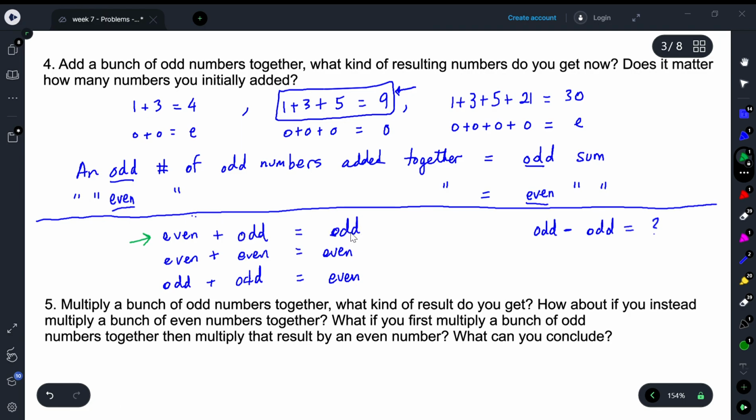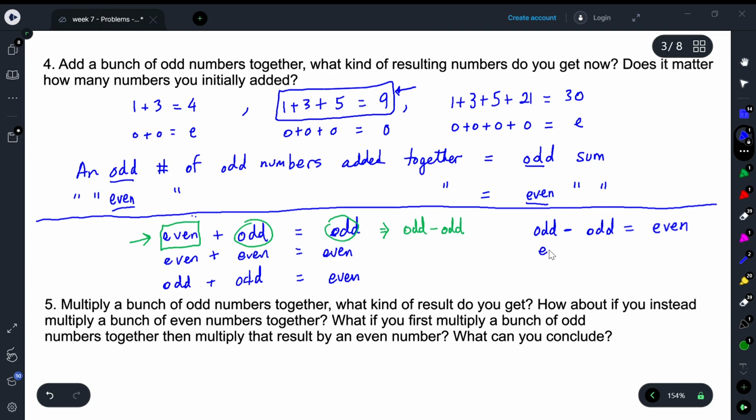What does that mean? That means that if we subtract the odd minus the odd, so if we subtract this minus this, we'll be left with an even. So just from our previous work here, we can think of subtraction as the opposite of addition. So we can immediately notice that an odd minus an odd is equal to an even.